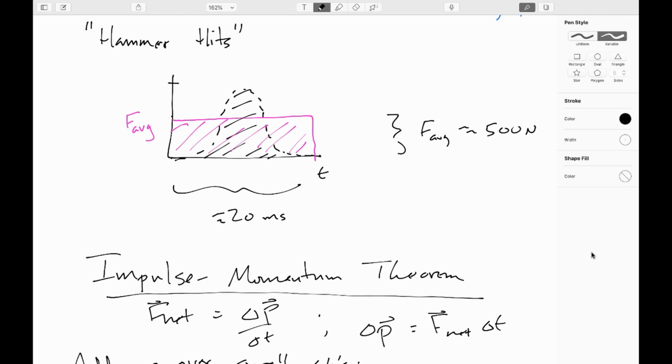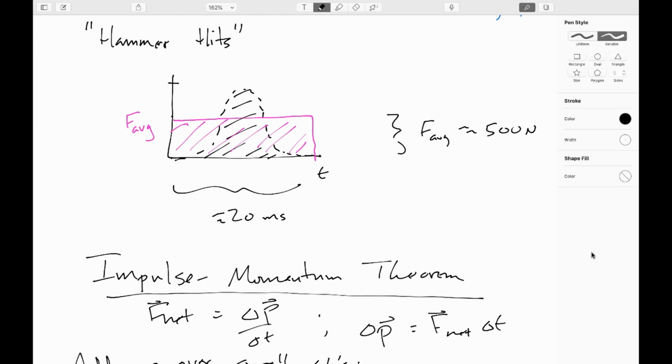Okay, so the idea is to literally buy you more time. It turns out with the old built-like-a-tank cars, you would go from, say, 60 miles an hour down to 0 in about 5 milliseconds. By having the crumple zone, you make the collision almost 100 times longer.